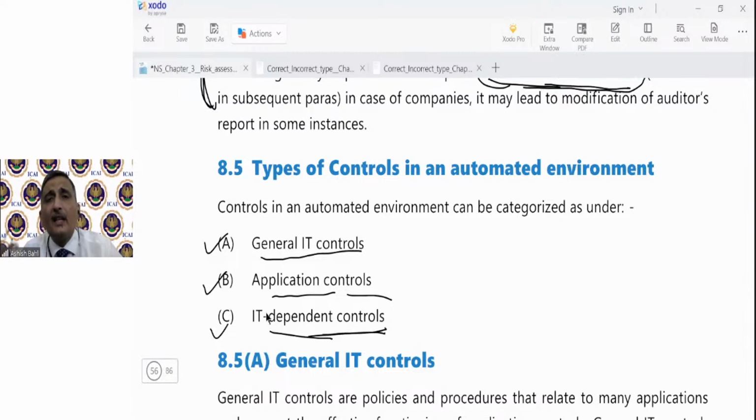So students, what are general IT controls? Like students, a company may be using many applications. So obviously there would be certain IT controls which are not confined to one application only. These controls affect many applications which the business is using. Such types of controls are known as general IT controls.